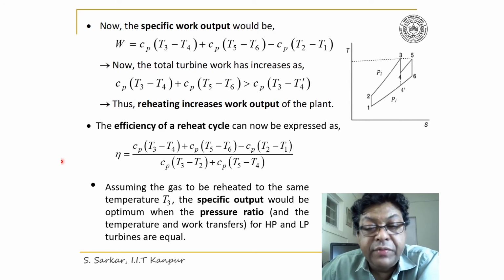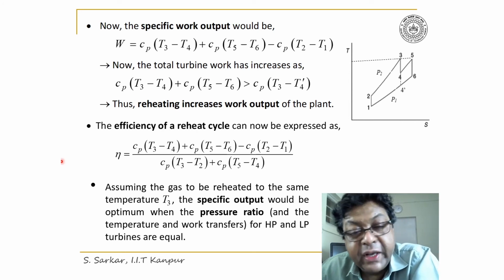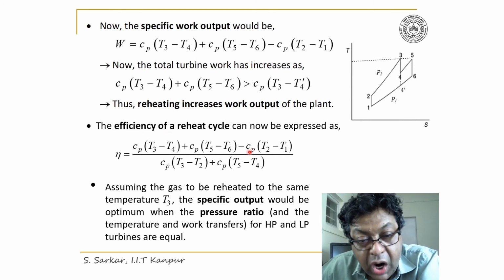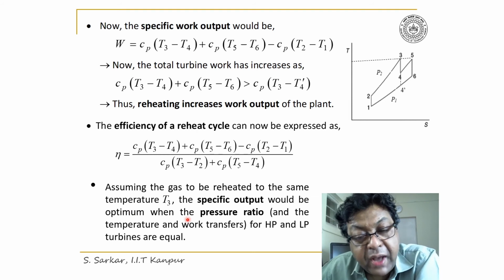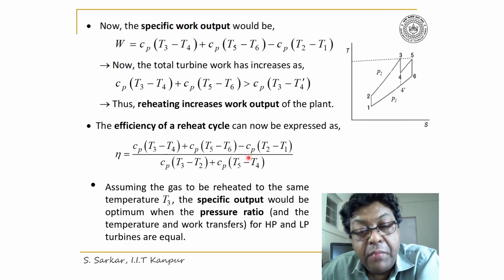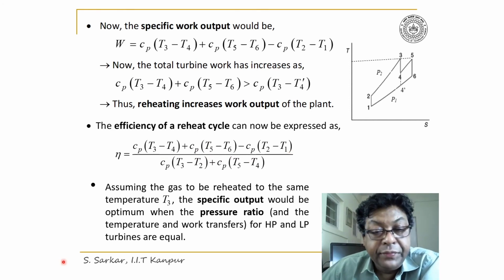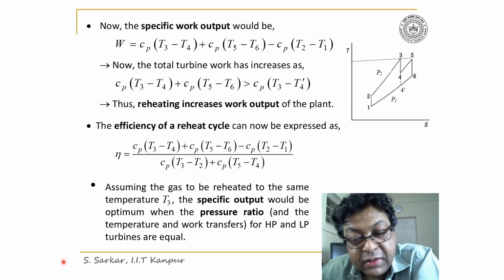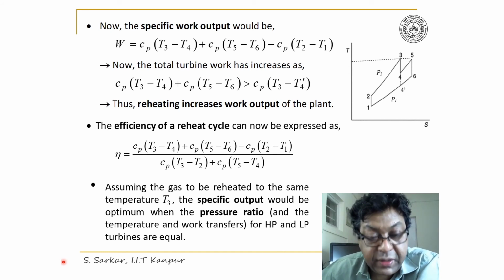Furthermore, the efficiency of the reheat cycle can be expressed as work output divided by heat added. So that work output is equal to W, that is Cp into T3 minus T4 plus Cp into T5 minus T6 minus Cp into T2 minus T1. Now heat added would be equal to that in the combustion chamber plus reheat combustor.